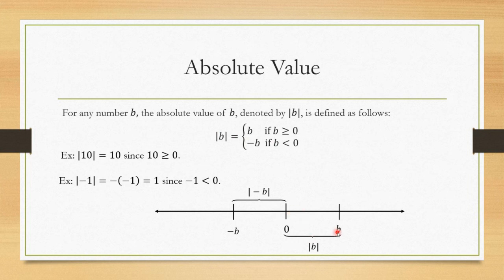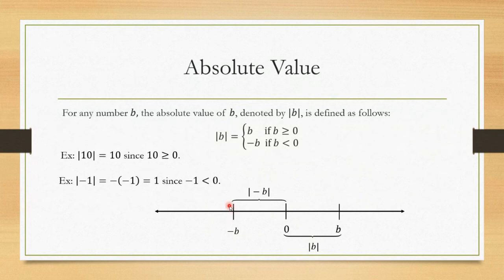So here, the distance between b over here and 0 is just b, because b is non-negative, so the absolute value of b is b itself. But now negative b is negative, but this is also b units from 0. It's just b units to the left, but its absolute value is also b, again because it's b units from 0.